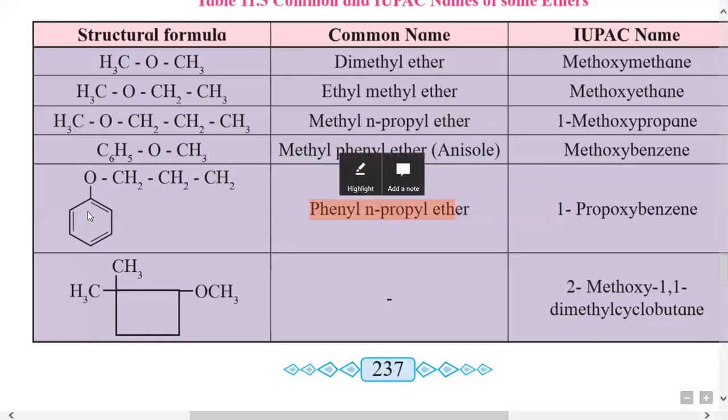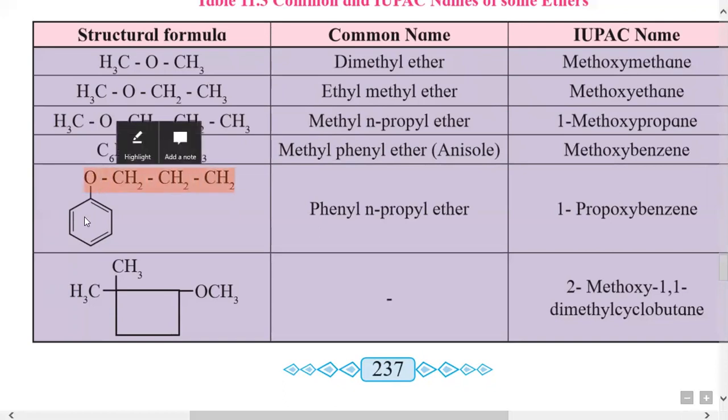For the IUPAC name, this propane is a long carbon chain. This is the propoxy group, bonded with the benzene hydrocarbon part. So it is present at carbon number 1. So 1-propoxybenzene is the correct IUPAC name for this ether.